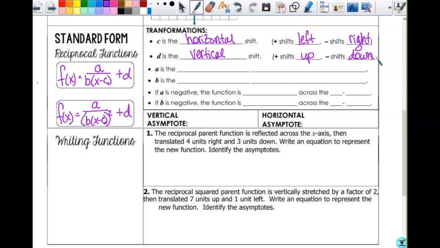Now here a is in the numerator, which we didn't have in any other parent functions, but a always came first. And that represents, is that a vertical or horizontal something? When it's way out front, because it happens after I take care of x, that means it affects my y. So this is the vertical stretch or compression.